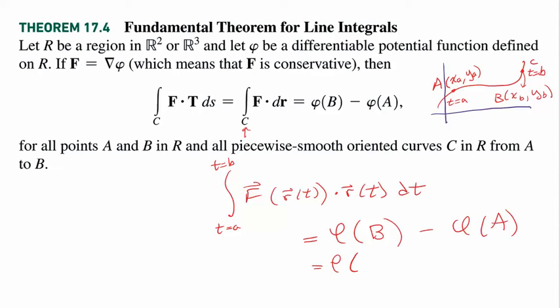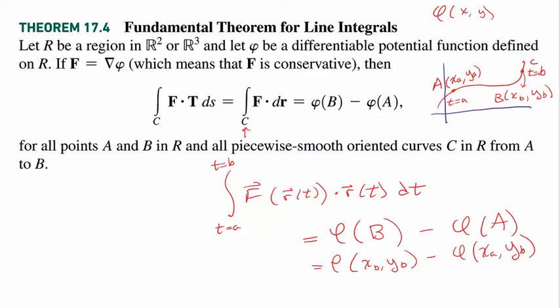So we could also write this as x sub little b, y sub little b. We're going to plug those values into phi because remember phi is some function of x and y. So we're going to have to plug in some values of x and y. Okay, so that's how big B and big A correspond to t equals little a and t equals little b. Hopefully that helps.